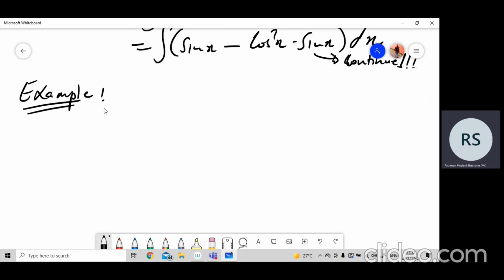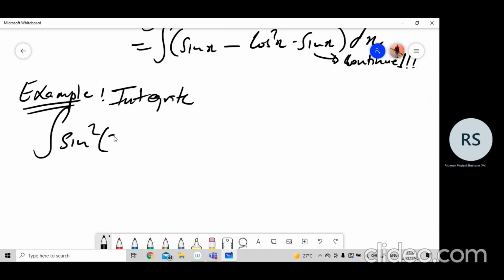When you integrate, for example, sine squared of 3x dx, what is the integral of this?